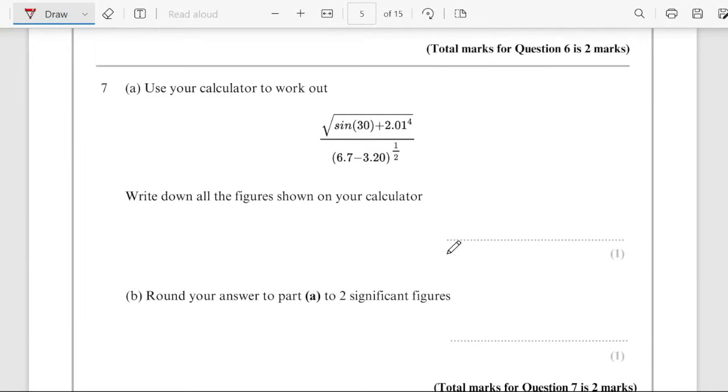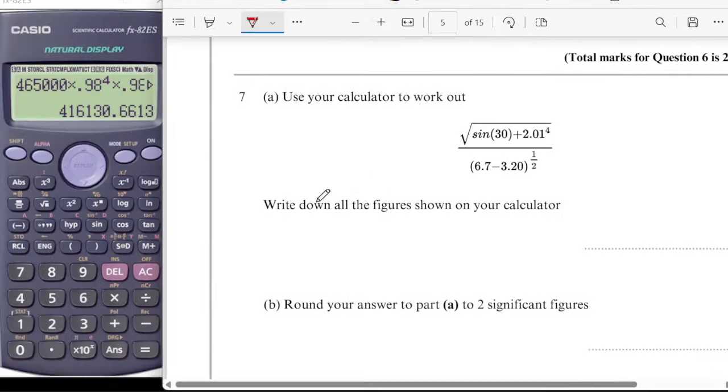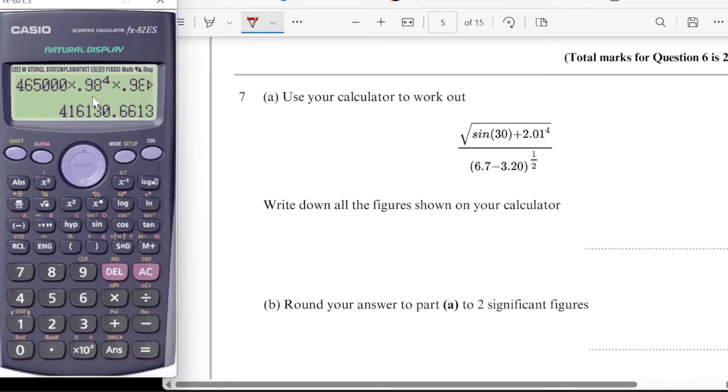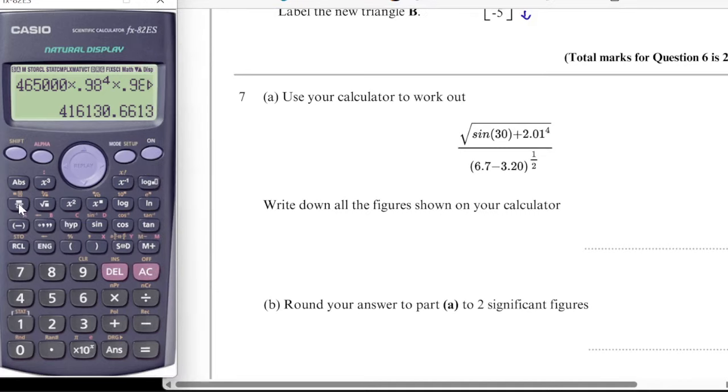Question 7. Use your calculator to work out. So let's bring my calculator back in. I'm going to type it in exactly as it appears. So fraction button. I want a square root for the whole of the numerator. And I want sine. Let's just double check my calculator is in degree mode. 30 plus 2.01 to the power 4.